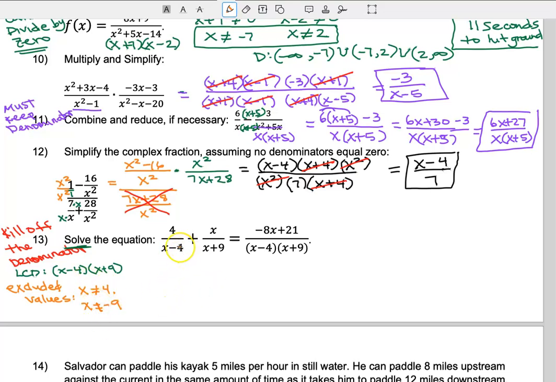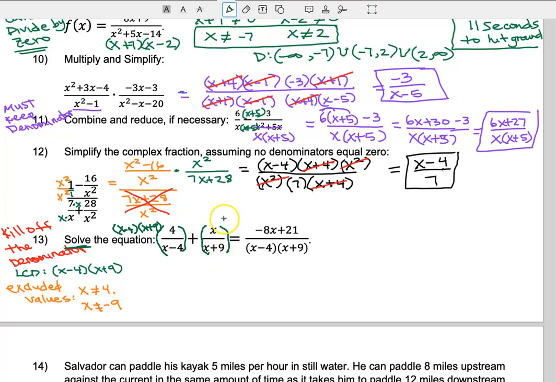All right, so now we're going to multiply each of these different parts by the LCD. So this whole thing needs to be multiplied by (x minus 4) times (x plus 9). Let's just finish doing the rest of these.